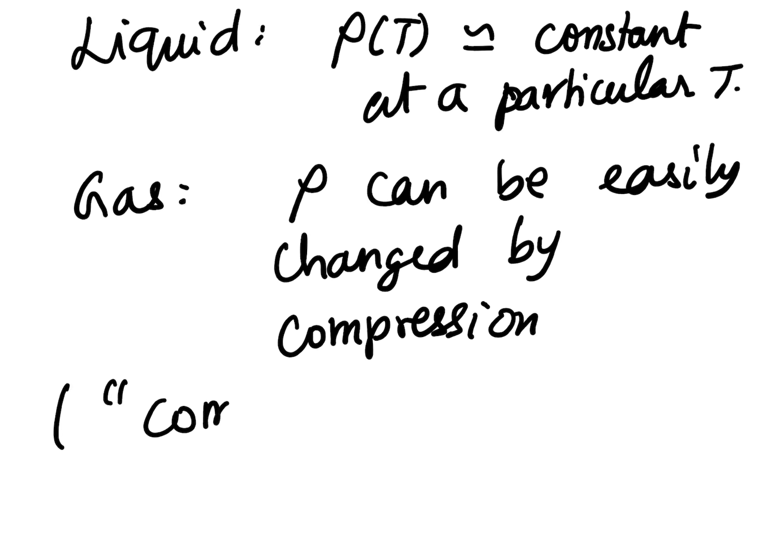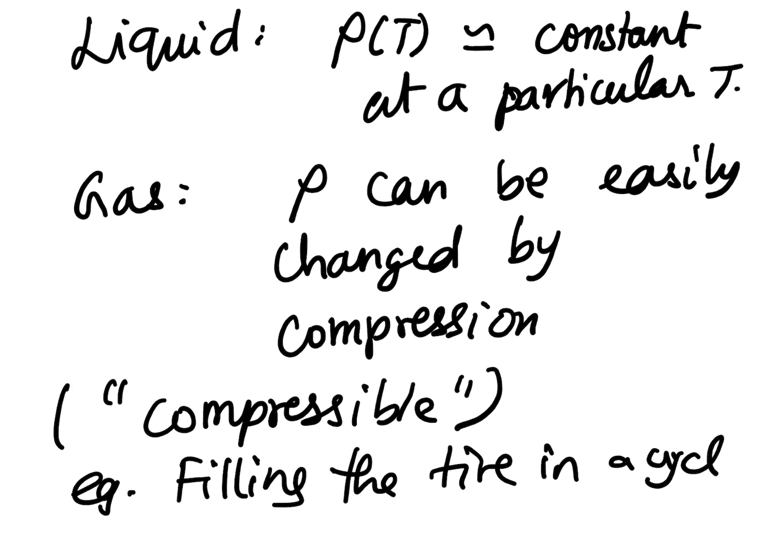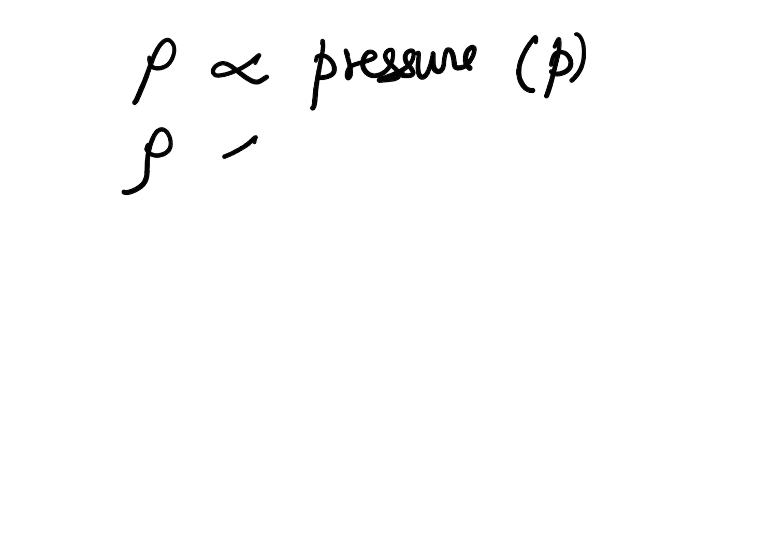That's why we call gases compressible, as opposed to incompressible, which is for liquids. How exactly they are compressed and what the mechanism is, we'll see later. But a very common example is filling the tire in a bicycle or a car. So the density can be easily changed. The density varies with pressure, and it also changes with temperature.